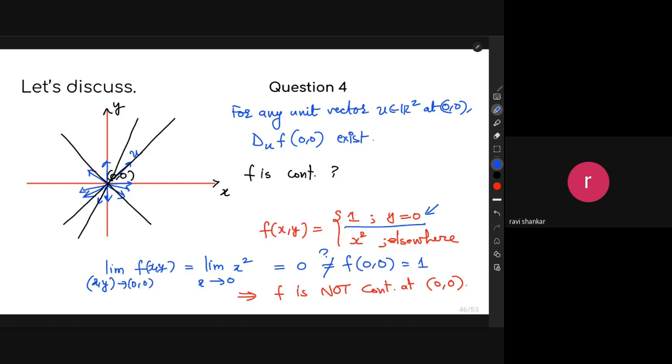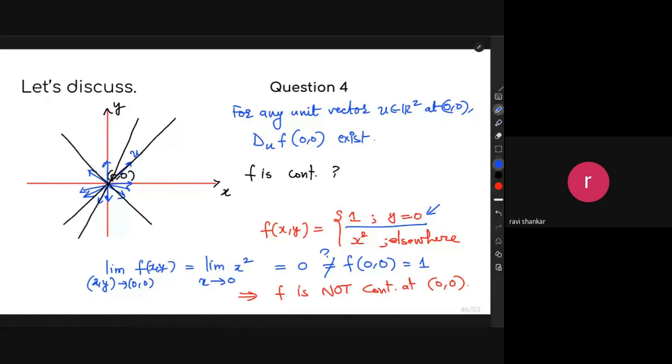Is it fine now? The limit of f of x y as (x,y) tends to (0,0) is equal to the limit of x square as x tends to 0, which is equal to 0. We know that part very well. Now, in order to say that it is continuous at the origin, it needs to be equal to f of 0 0, which it is not, because f of 0 0 is equal to 1. So that means f is not continuous at 0 0.